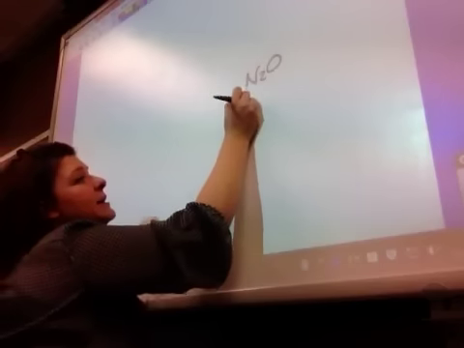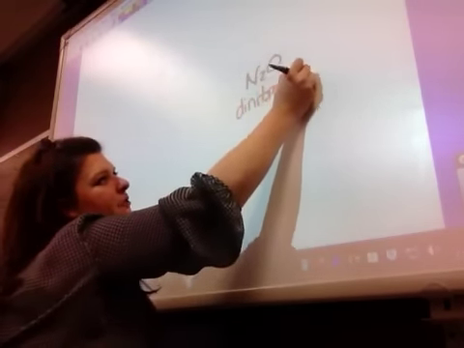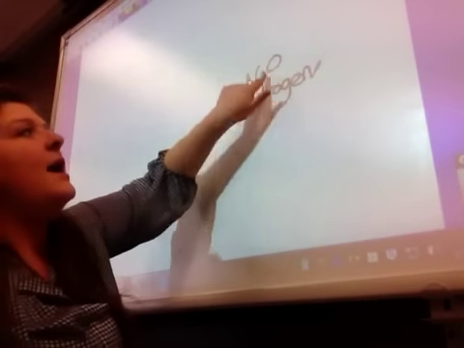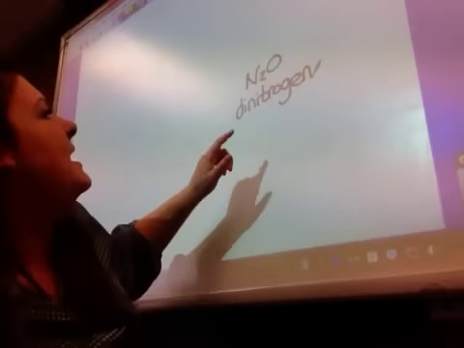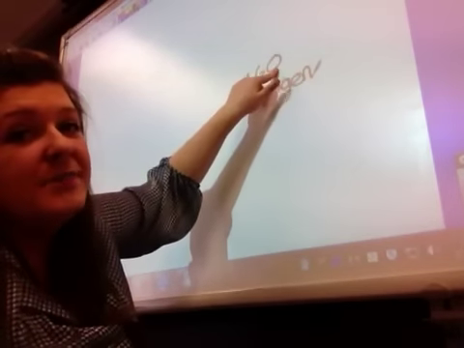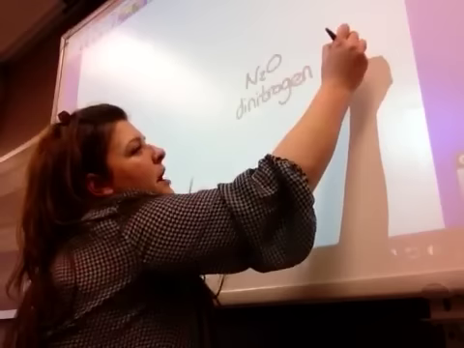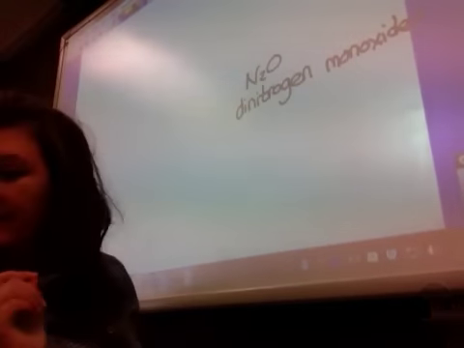So I would say dinitrogen, and I have to say the di because there's more than 1 nitrogen present in that first one. I have 1 oxygen, and I know I need to change that second one to where it ends in IDE. So I would say dinitrogen, there's 1 of them, so it's mono, so monoxide. Dinitrogen monoxide. Okay, look at the next one.